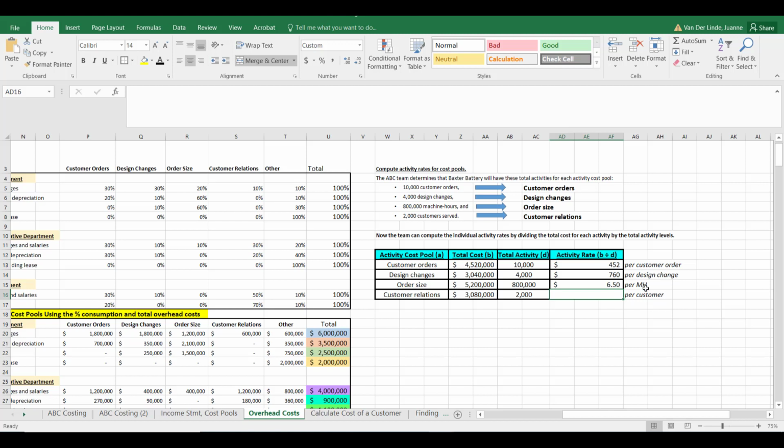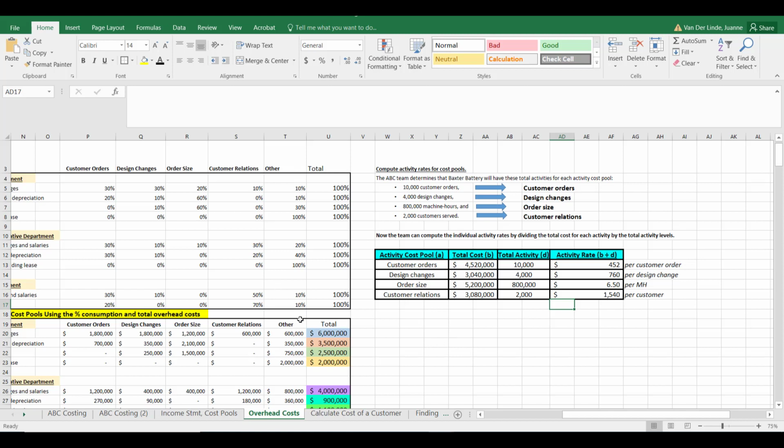So each machine hour that the company uses costs about $6.50 in terms of manufacturing and non-manufacturing costs. And lastly, the customer relations cost pool. We take $3.08 million in that cost bucket divided by the 2,000 customers that the company served. So each customer costs about $1,540 in terms of manufacturing, non-manufacturing overhead due to the customer relations activity.